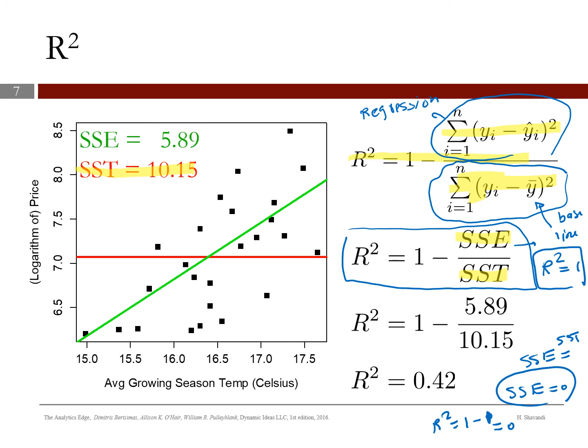So when we have the value of 0 for R squared, that means the regression model is not working better than the baseline model. There's no difference between the baseline and the regression model. So that's the worst case. Based on this, we see that a higher value for R squared shows a better model. So in this example, for instance, we have an R square of 0.42.